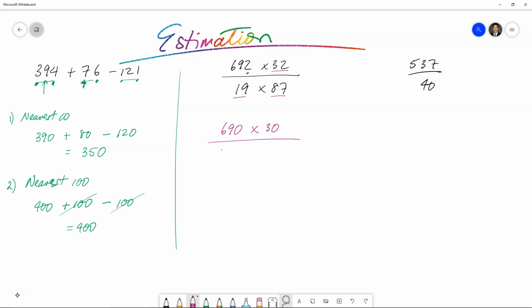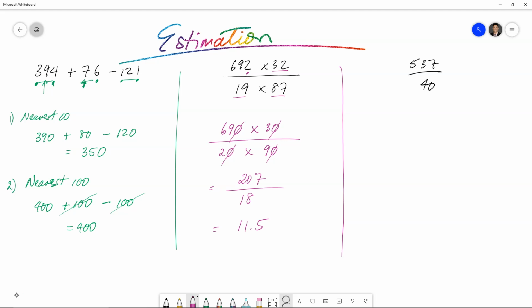Then the 19 is closer to 20 than it is to 10, and the 87 is closer to 90 than it is to 80. So just working our way through 690, what we can do is cancel out our zeros, and then 69 times 3 is 207, 2 times 9 is 18, and then what we end up having is 11.5 as our estimated value.